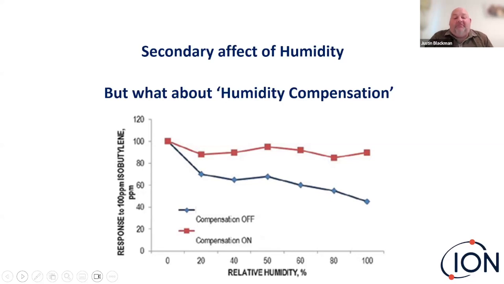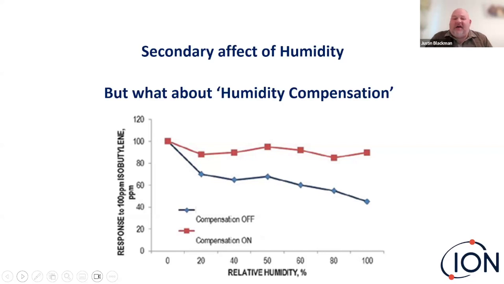This graph is taken straight from one of those other manufacturers. They show you with humidity compensation turned off, they expect to get readings dropping about 50%, so at 100% humidity, dropping readings by 50 ppm.